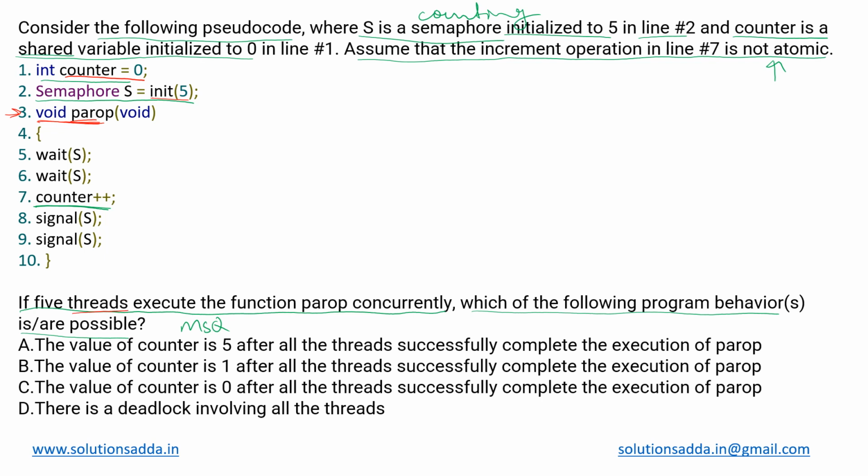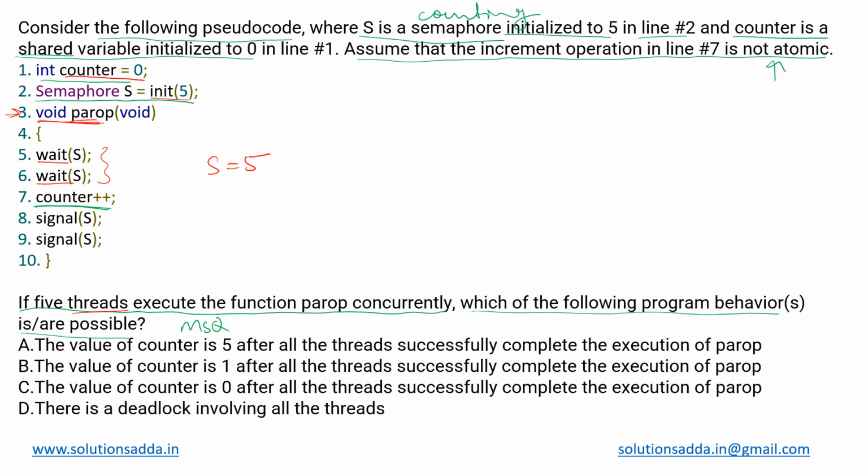So what does this function do? It is using 2 waits on the semaphore. Initial S value is 5. So whenever a process wants to enter the critical section, it will first perform 2 wait operations, which means it will decrement the semaphore S value by 2.